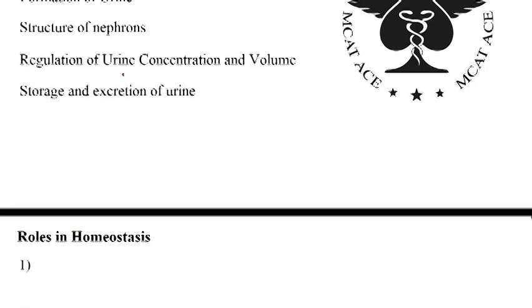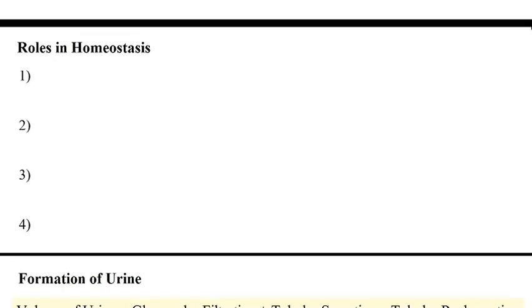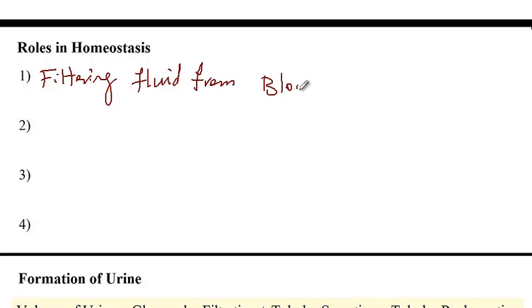Alright, so first let's start with discussing the role of kidneys in maintenance of homeostasis. So basically the renal system, or the other word for it is the kidneys, is filtering fluids from the bloodstream in order to eliminate toxins, nitrogenous bases.